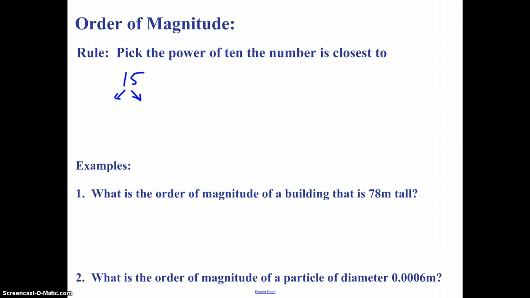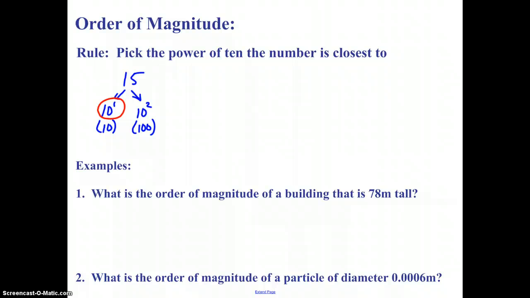Well, 15 lies between 10 to the first, which is 10, and 10 to the second, which is 100. And as beginners, I do encourage you to write the actual number underneath the powers of 10 until you get good at this. Then the question becomes, okay, which power of 10 is closest to 15? And it's pretty easy to see that that would be 10 to the 1. So 15's order of magnitude is 10 to the 1, or we could just say the exponent and say 1. So the answer would be 10 to the 1 or 1.